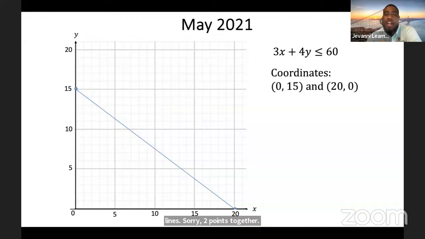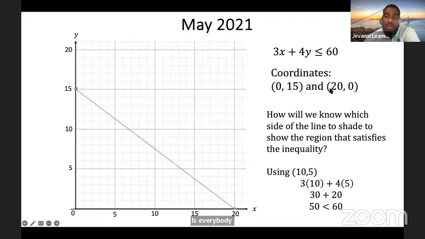So I will have 3x added to 4y is equal to 60 on that line in blue. Where should I shade? Lanzo said below. Is everybody agreeing that I should shade below? All right, good. So we can use testing values, as we did right here with the 10 and the 5, and we got below.